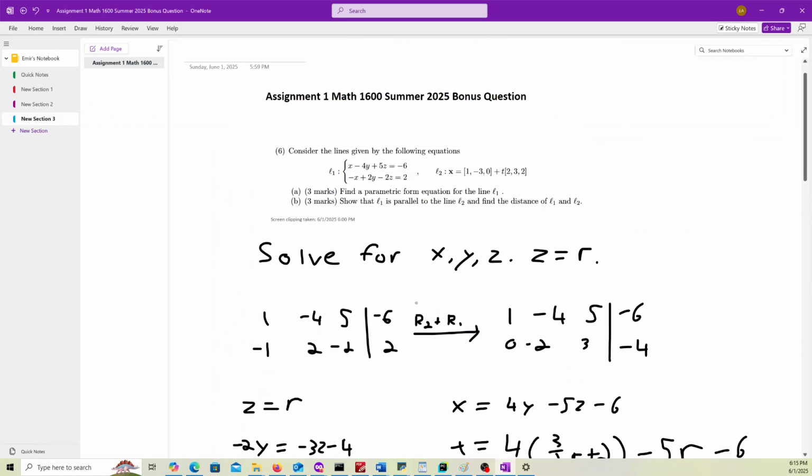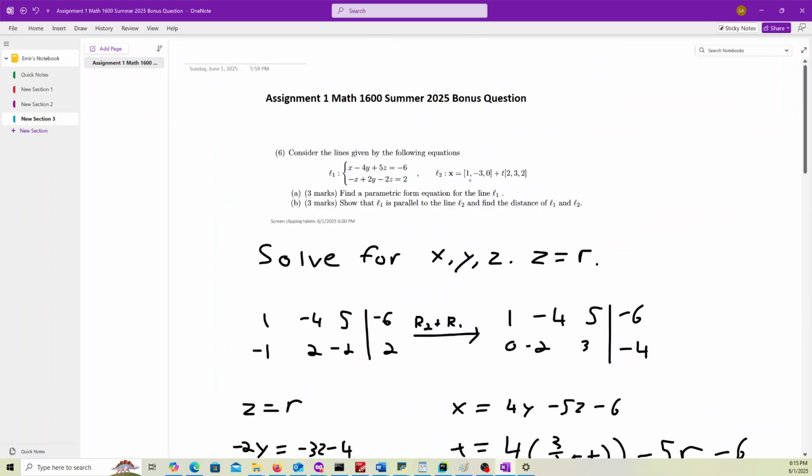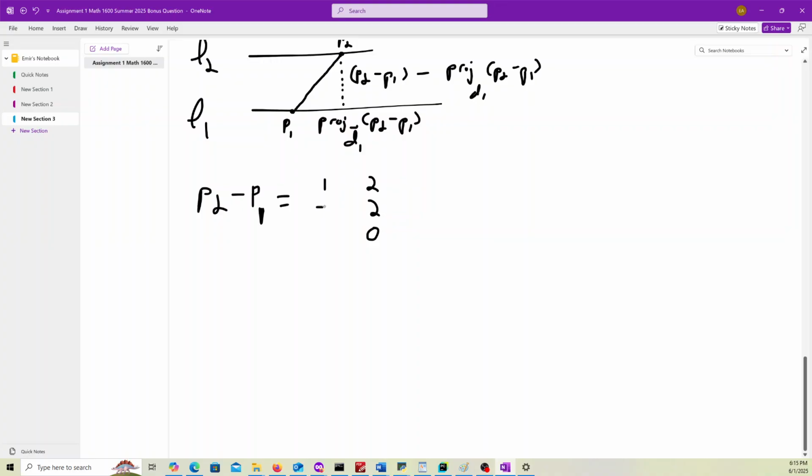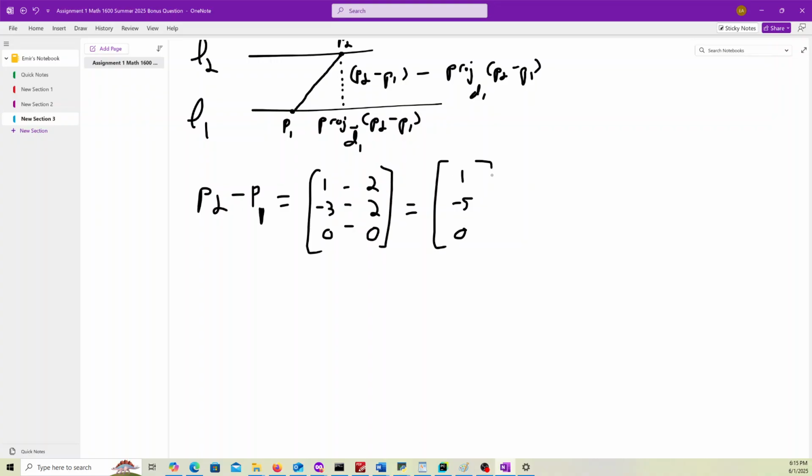And then coming all the way back up to the top, the point on line 2 will be 1, negative 3, 0. Take the difference between them. We get P2 minus P1 is equal to 1, negative 5, 0.